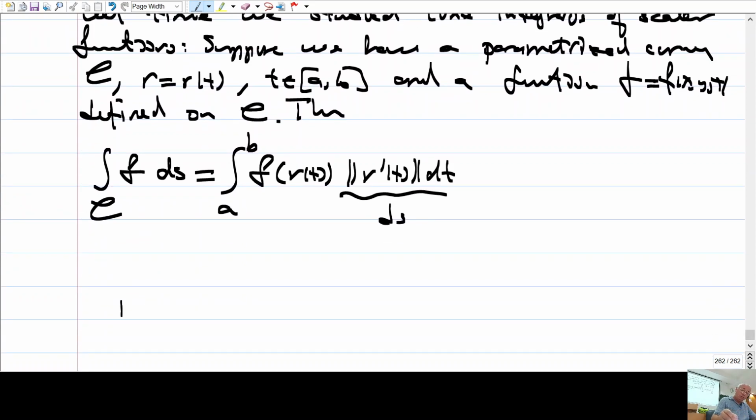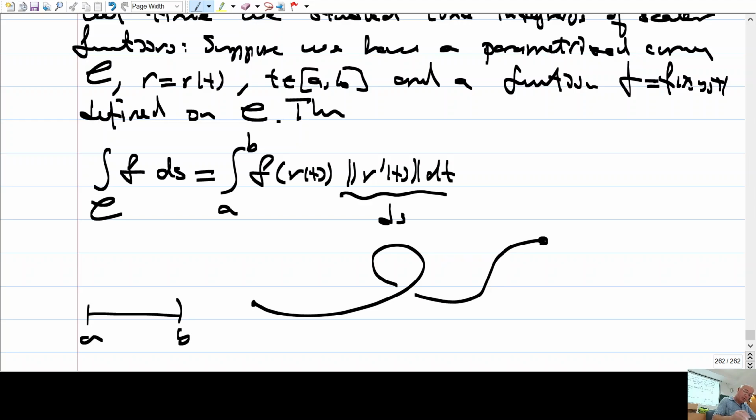And what you do, suppose this is your curve defined on this interval [a, b], and it is maybe something like this. This is r(a), this is r(b), and ds is the arc length element.